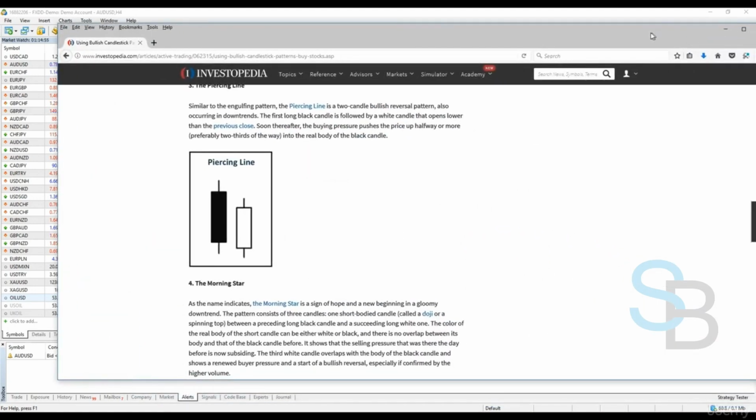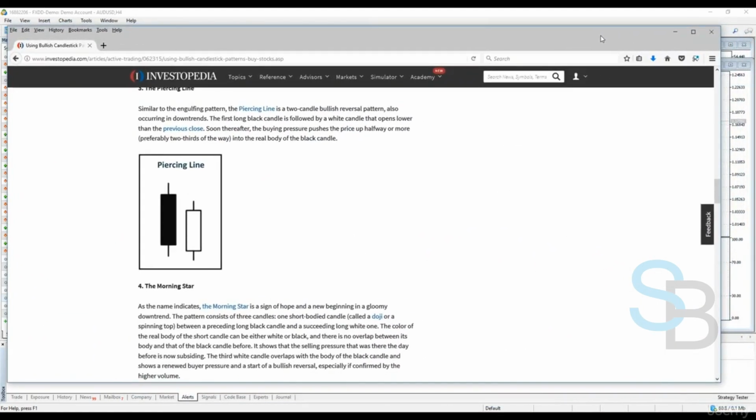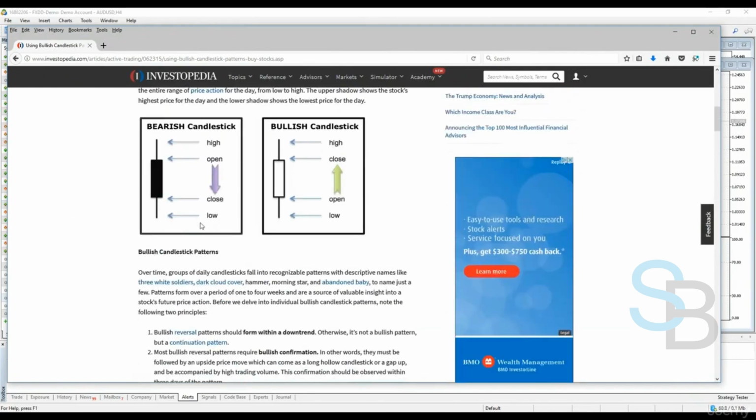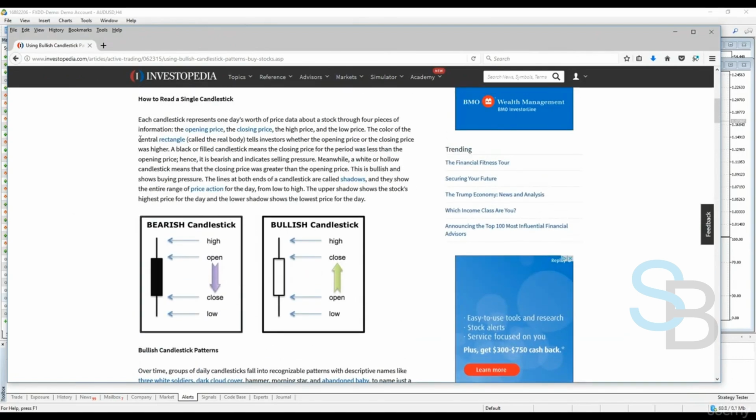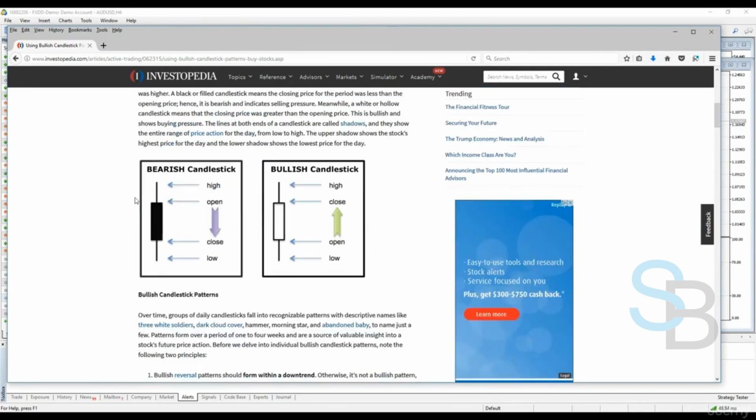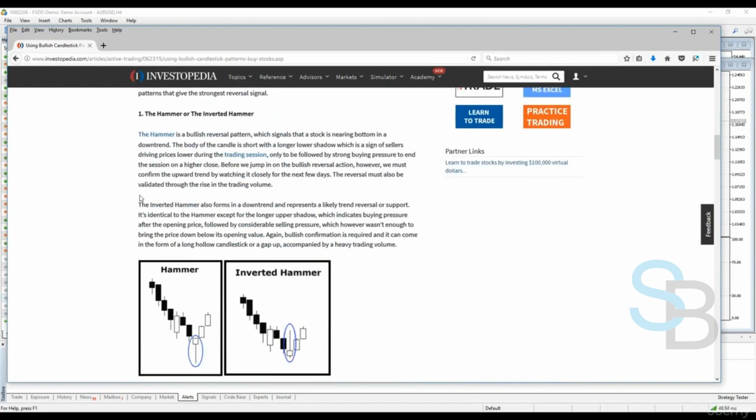So there's a website here called Investopedia, and you can go over to investopedia.com. I'm just taking a look at this site because it has some good explanation as to what each individual candlestick means.